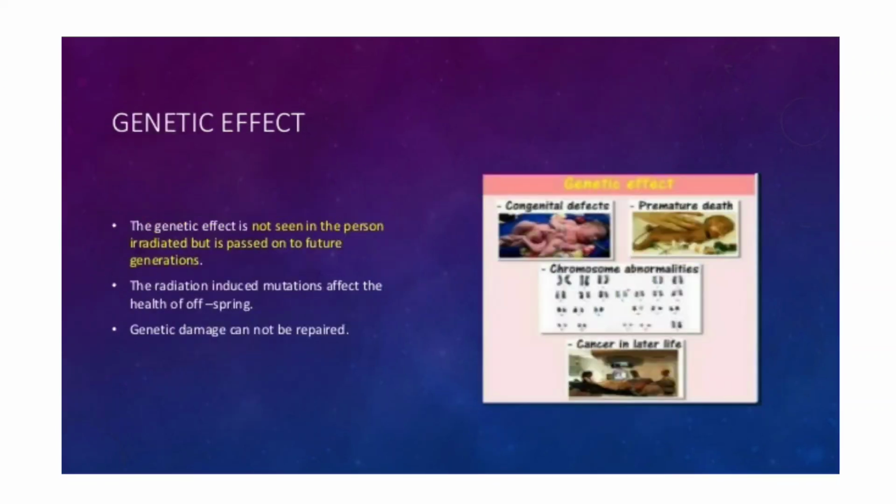Then coming to genetic effect, that is not seen in the person irradiated but is passed on to future generations. So radiation-induced mutation affects the health of offspring. Genetic damage cannot be repaired.